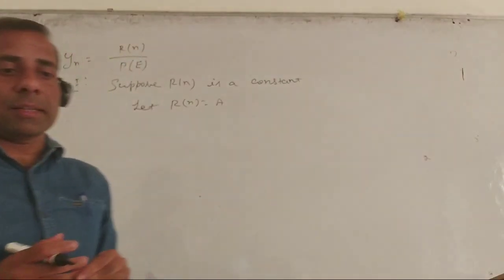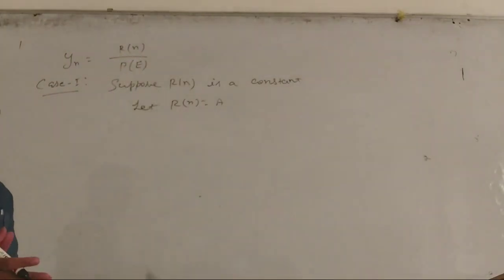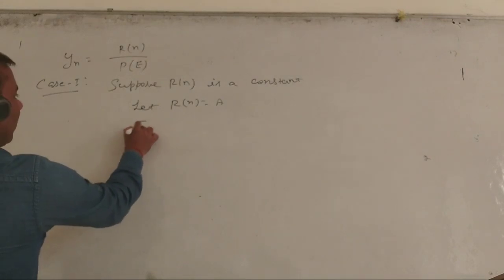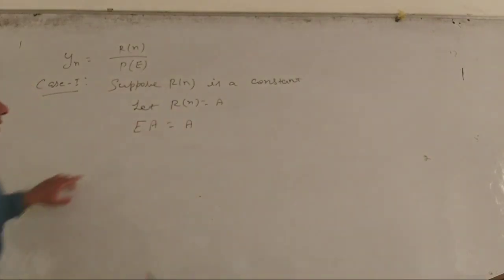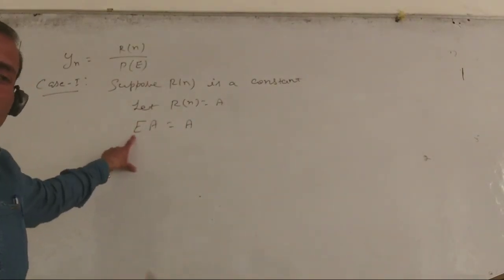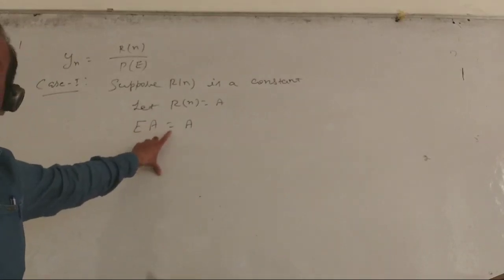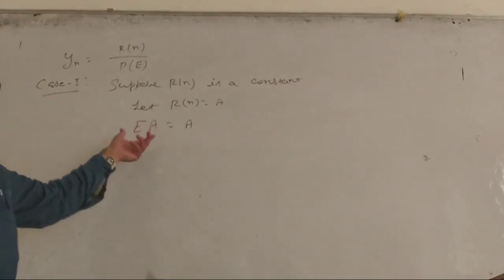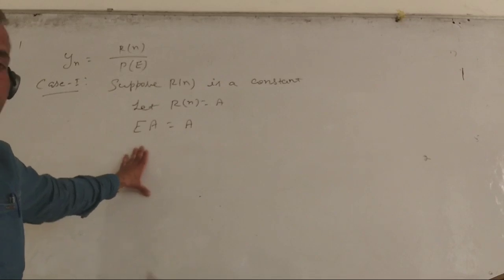Means when Rn is some constant a, then we know that the operation of capital E on any constant will be equal to the constant itself, that is E of a equals a. We have proved this theorem in our previous lecture.